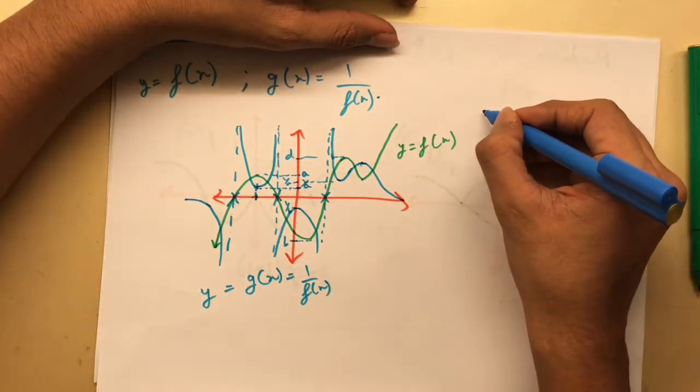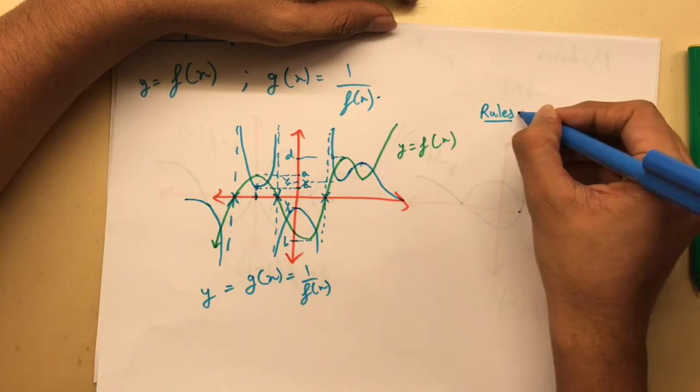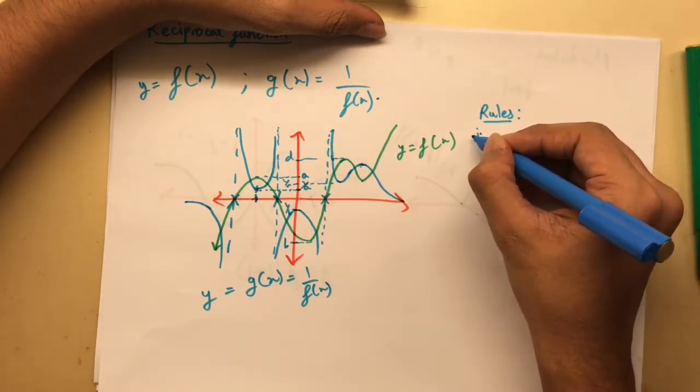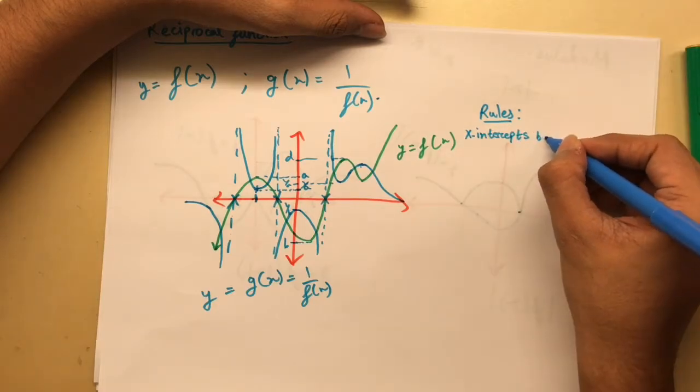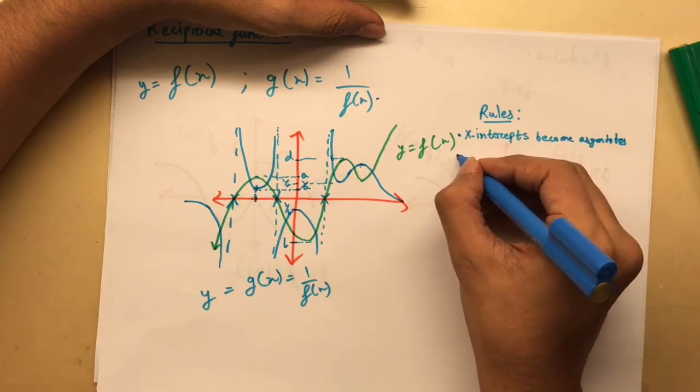So a few rules just to keep in mind for this: x-intercepts become asymptotes, as I explained earlier.